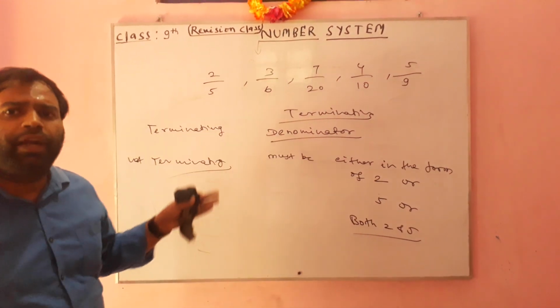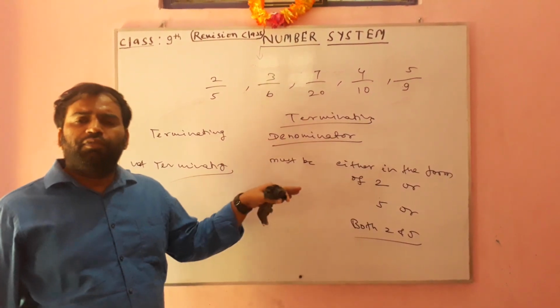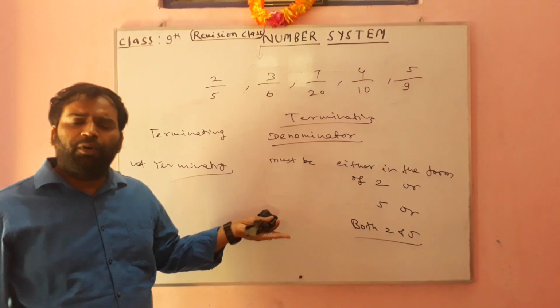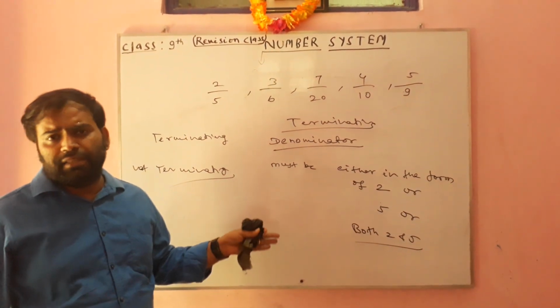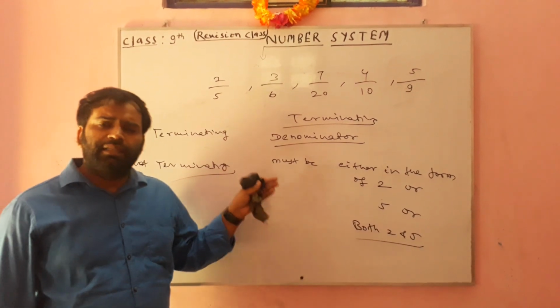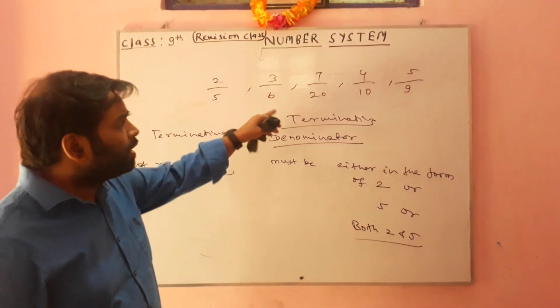Means if our denominator is in the form of 2, or in the form of 5, or in the form of both 2 into 5, then that rational number is definitely terminating.